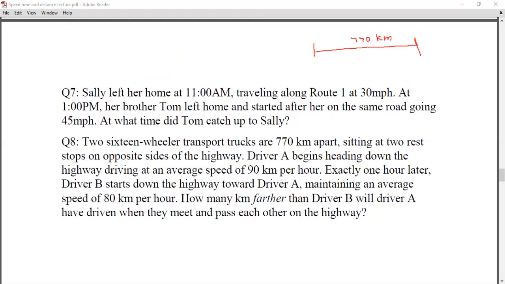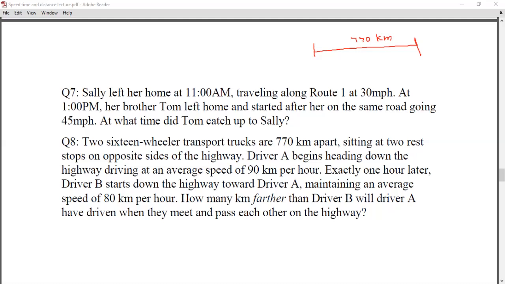Sitting at two rest stops on opposite sides of the highway, driver A begins heading down the highway, driving at an average speed of 90 km per hour. Exactly 1 hour later, driver B starts down the highway towards driver A, maintaining an average of 80 km per hour. How many kilometers farther than driver B will driver A have driven when they meet and pass each other on the highway?